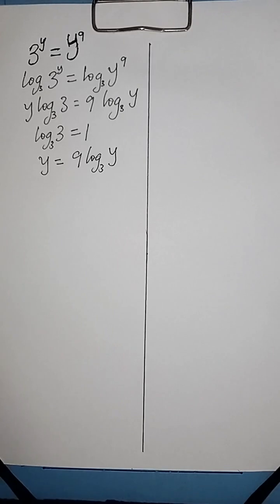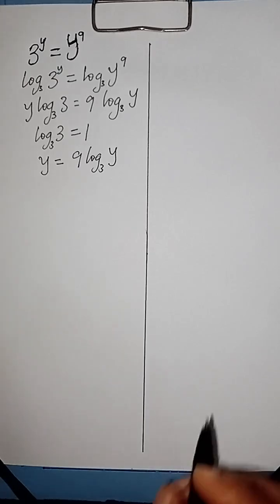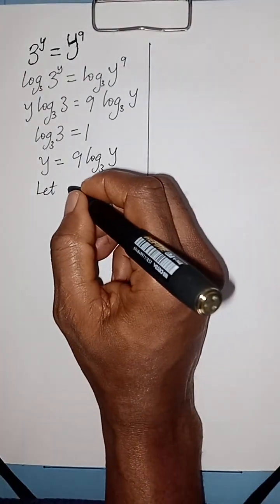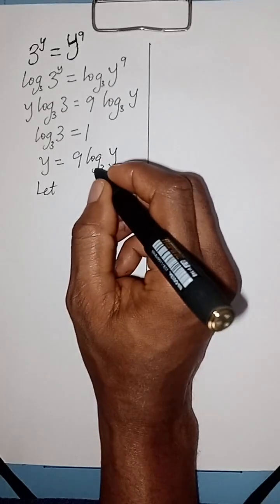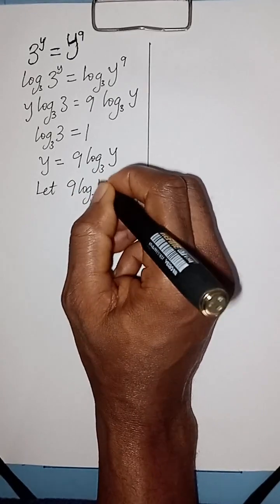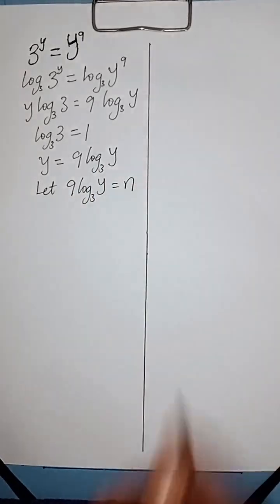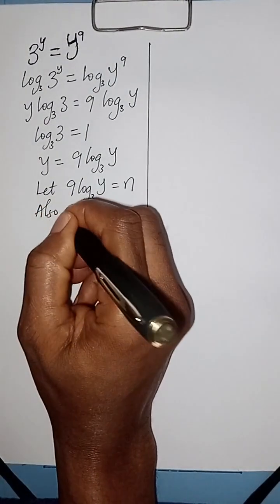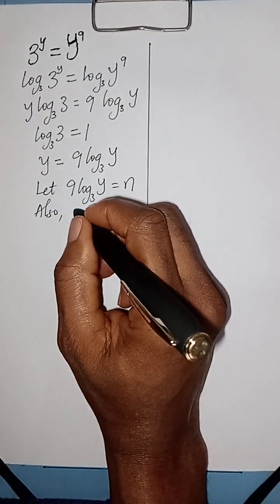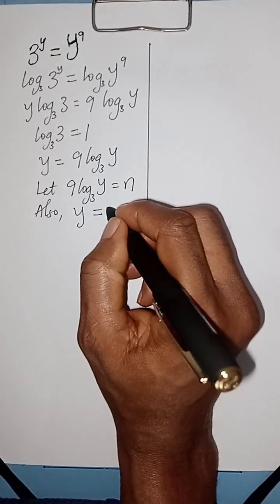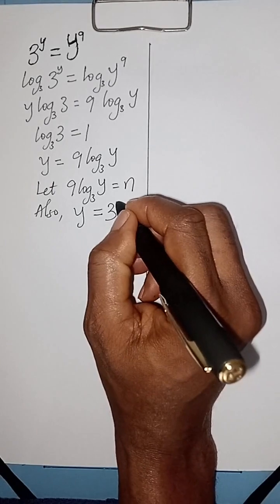At this point, what do we do? Well, to continue solving this, I would say let the right-hand side of the equation, 9 log y to base 3, be equal to n. Also, let y be equal to, because it's in base 3, 3 raised to power n.